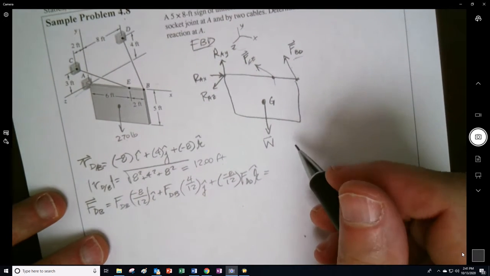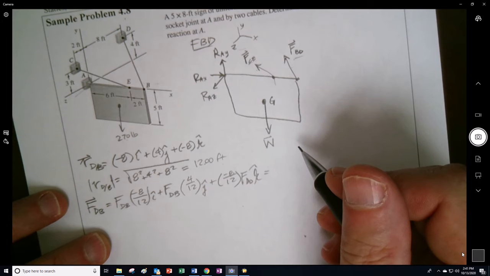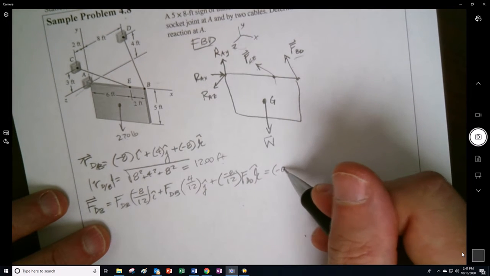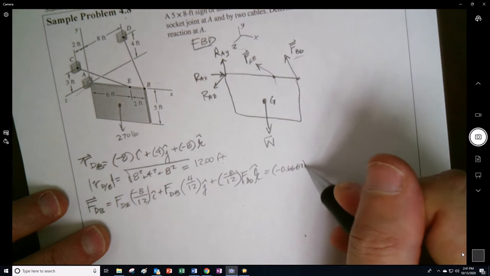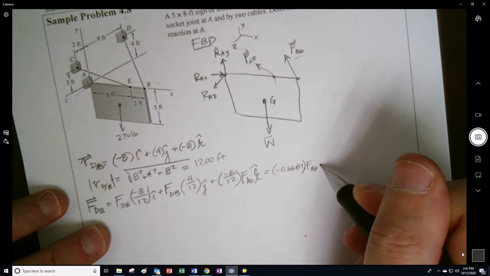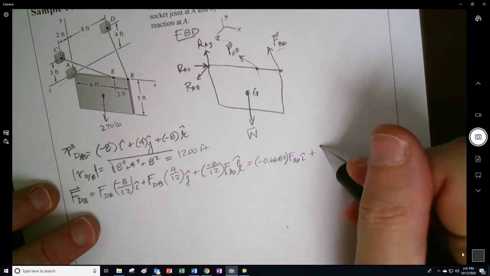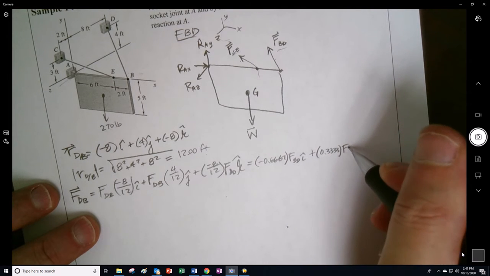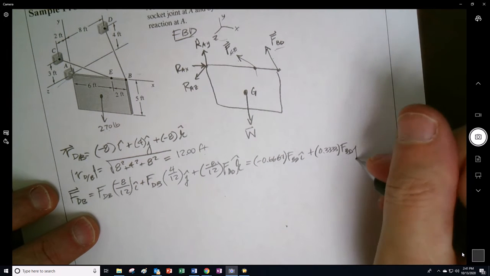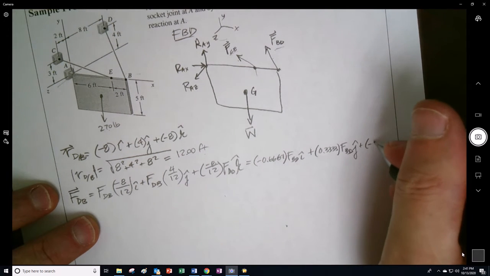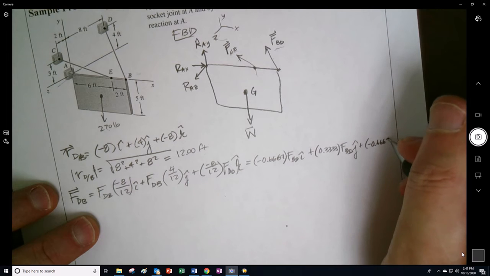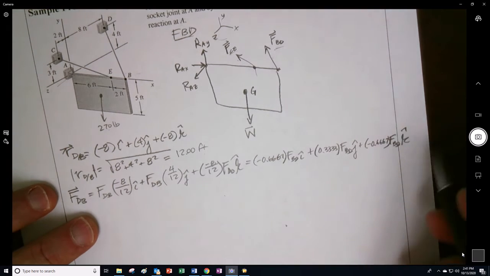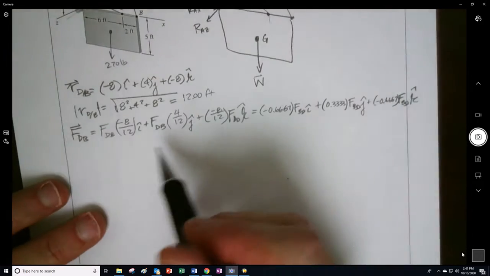What we're left with in terms of numbers are negative 0.6667 FBD i plus 0.3333 FBD j and negative 0.6667 FBD k.